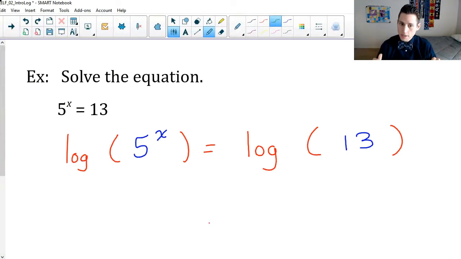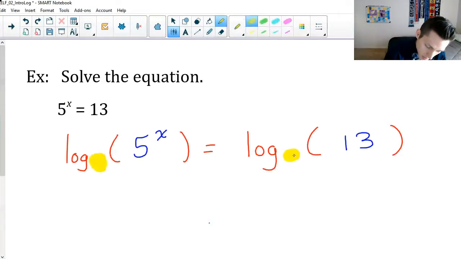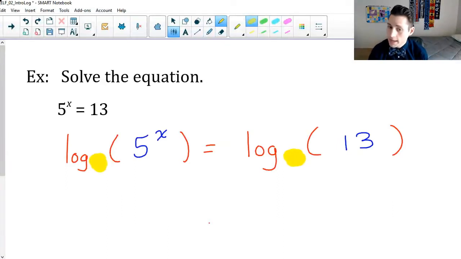Now there's one more thing I need to do here, which is right now I didn't put a base for either one of these. Okay, so I do need there to be some base. And a lot of times people get confused about, well, what do I make that base? Well, it should just be the same base that the base of the exponential was.